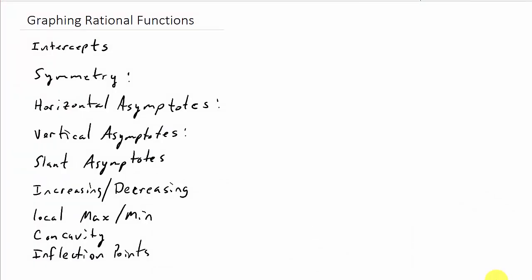All right, and then we look at symmetry. We're going to look at odd and even functions. We know a function is odd if we can evaluate the function at negative x and we get negative f of x back. That's an odd function.